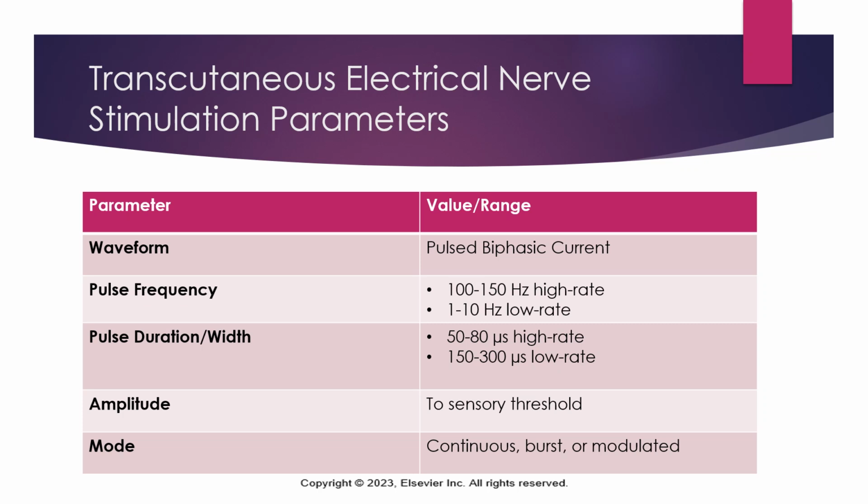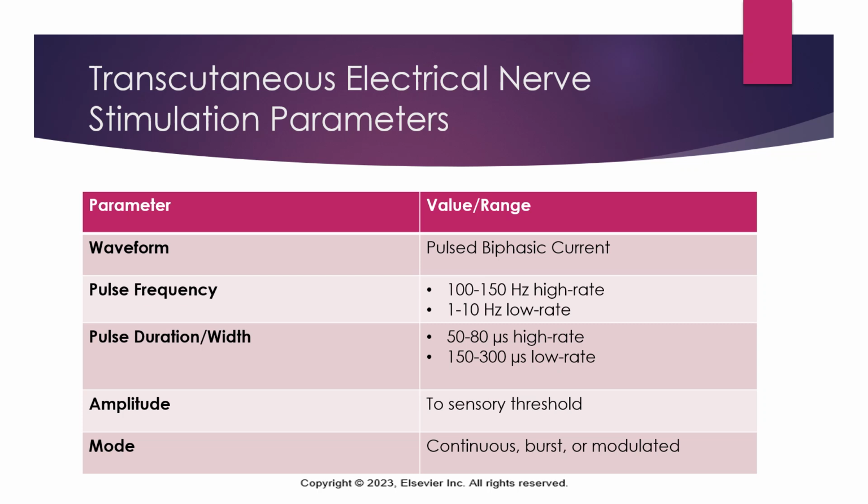That's going to ensure that the current isn't on long enough to elicit a muscle contraction. But if we're using the low frequency settings, 1 to 10, this is opiate release, we want that pulse duration to be significantly longer because that's going to help induce a muscle contraction. So we want that setting at 150 to 300 microseconds.